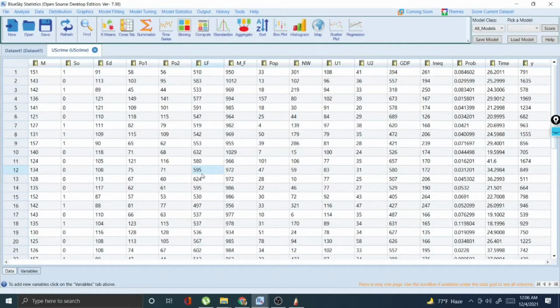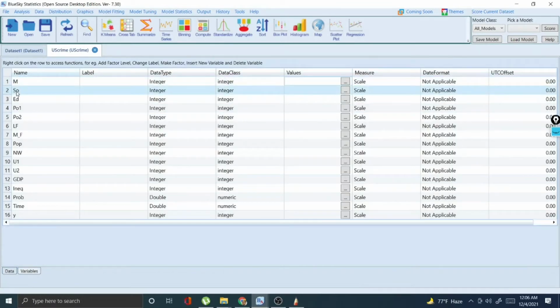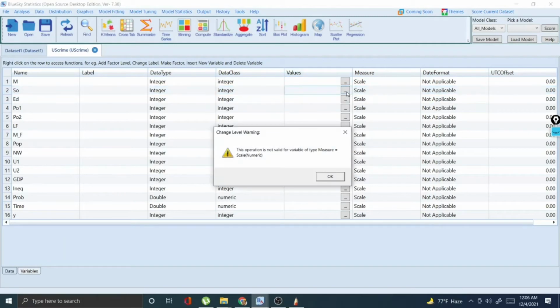Now you can see the variable of interest, in our case South. If you go to the south it is 1; if you don't go to the southern region, it is 0. So it's a coded variable, and if you'd like to know more about it, go to the variable view, where you see South is an integer.